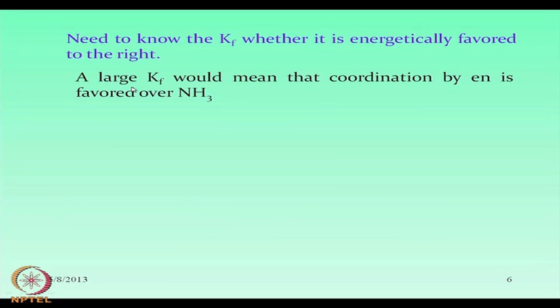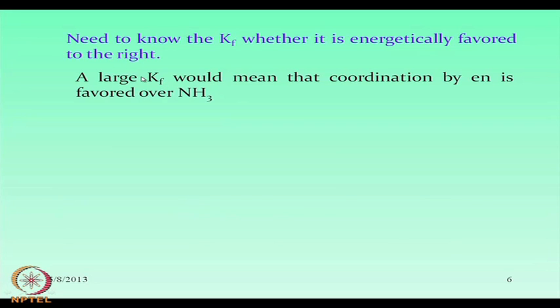So, we want to know the corresponding Ka value, that means the formation constant value, and how this Ka value is favoring us from left to right towards the formation of the corresponding tris chelate compound. A large Ka value would mean that coordination by En is favored over ammonia. So, experimentally these values can be measured.